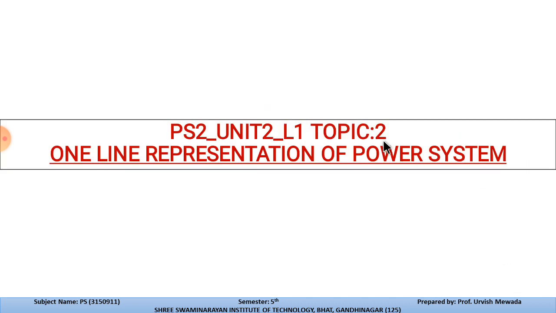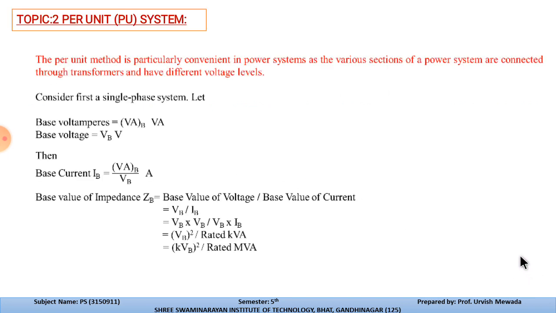Let us discuss topic number 2 for this chapter, the one line representation of the power system, the per unit system. As we discussed, the per unit method is particularly convenient in power systems, as the various sections of the power system are connected through transformers and have different voltage levels.